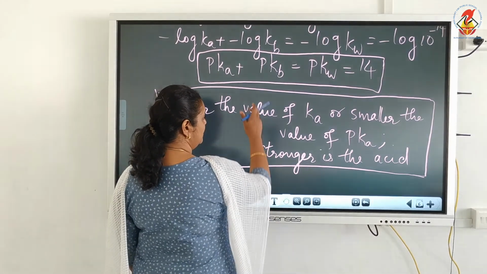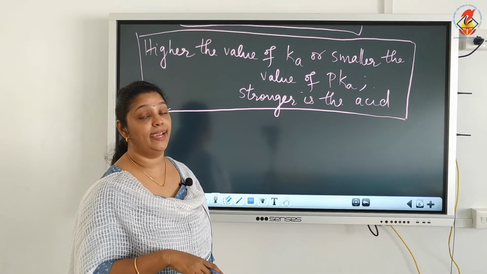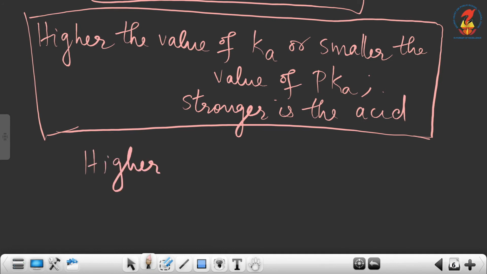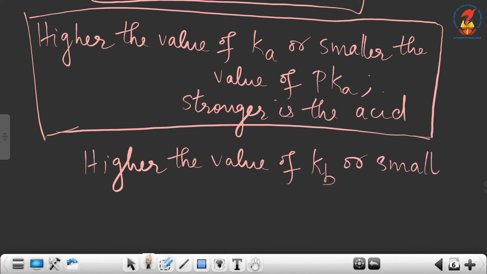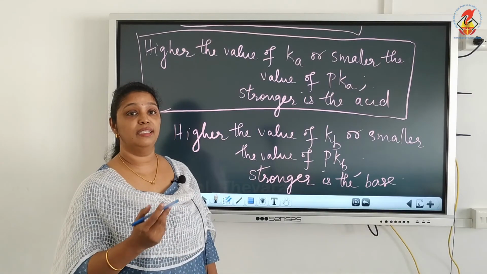Now for base, we can give the strength of a base in terms of Kb and pKb. The same rule applies here: higher the value of Kb or smaller the value of pKb, stronger is the base, because pKb is the negative log, minus log Kb.